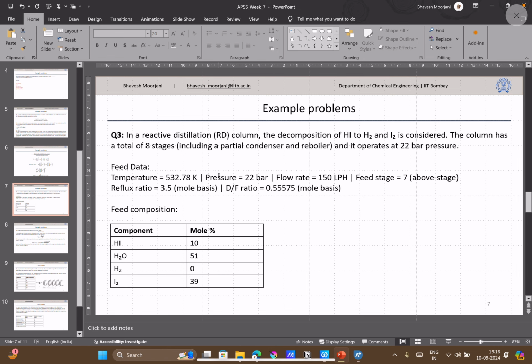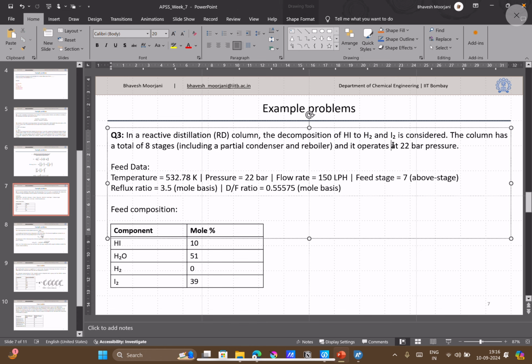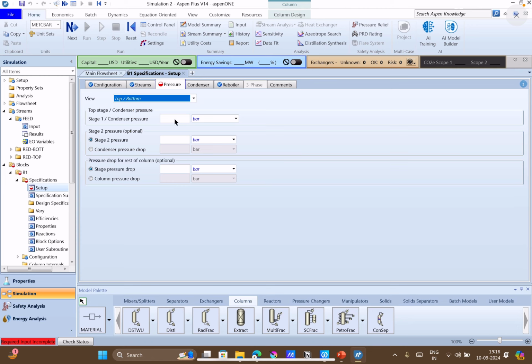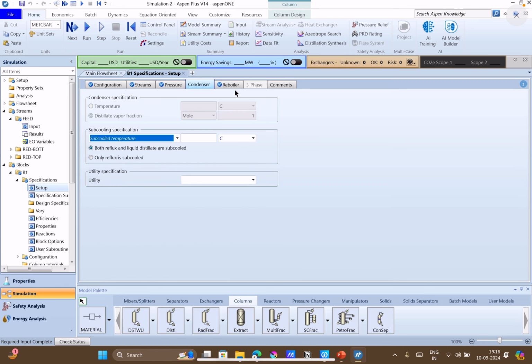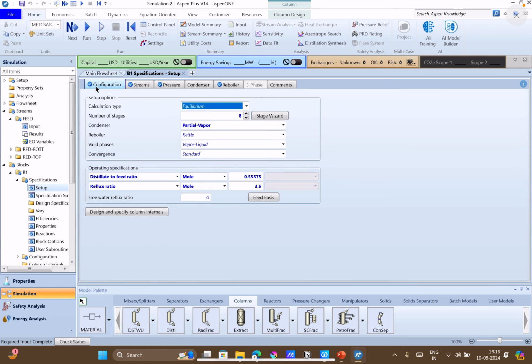Nothing is said about the column, so okay, yeah, the column is also operating at 22 bar pressure, the same condition. So write the condenser pressure as 22 bar, and pressure drop across the column, I will write it as 0. These things are added. We don't have to provide the other optional parameters.